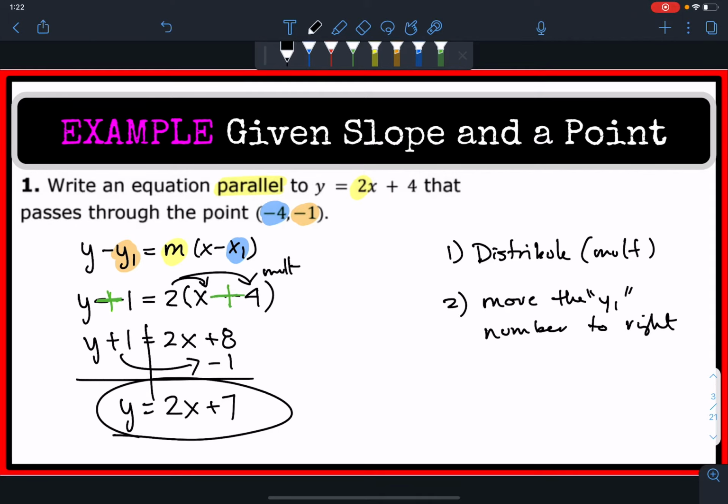Now to check that our line actually goes through that point, to check that this equation goes through that point, I just simply have to substitute in for our x value.